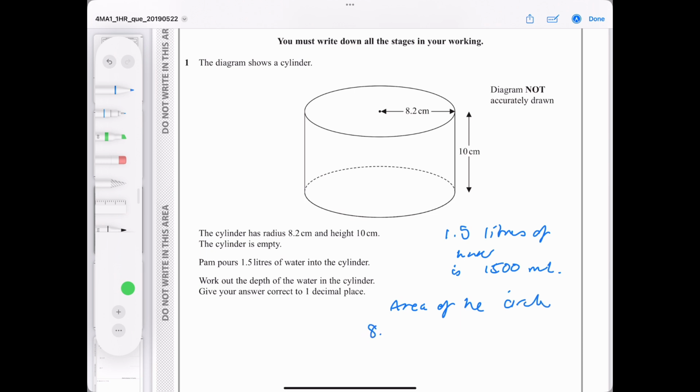So we know the area of the circle is pi r squared.